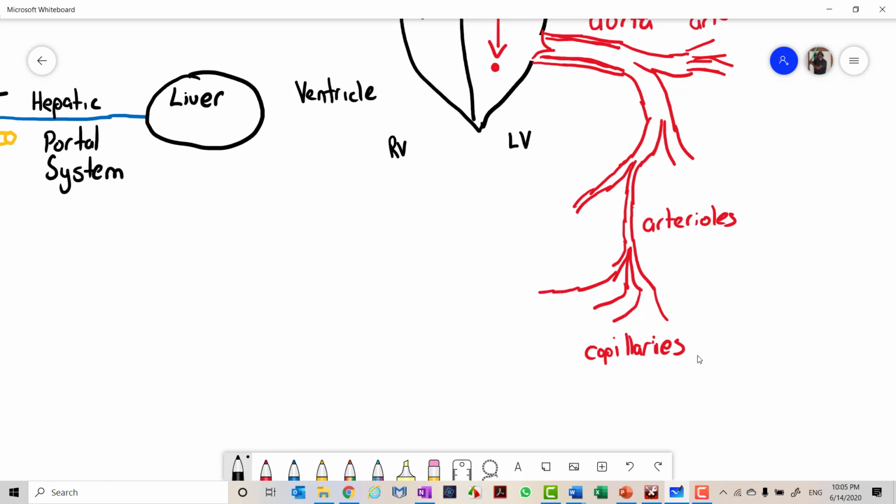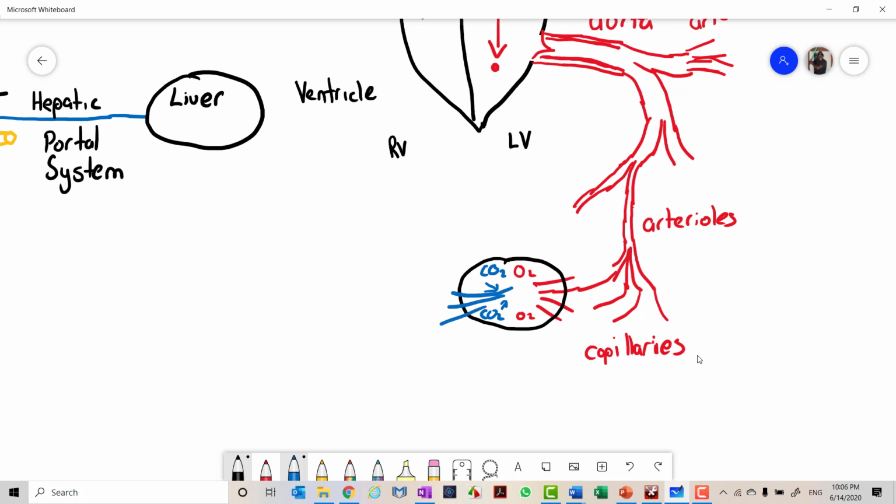And so these reach the organ. So it could be a muscle, it could be the heart, it could be a kidney, it could be the brain, whatever. And you'll see lots of capillaries coming in here. And at this point, the oxygen is then released into the tissue, into the cells. And then the cells will undergo metabolism, and they'll release carbon dioxide back into the capillaries.